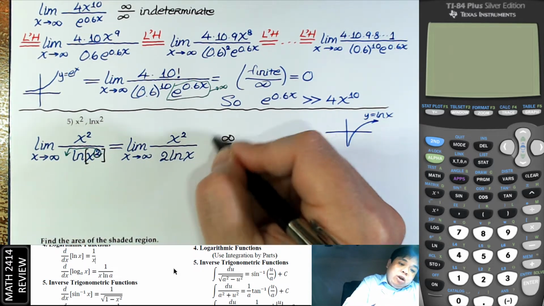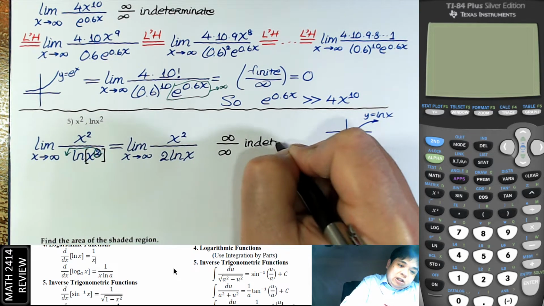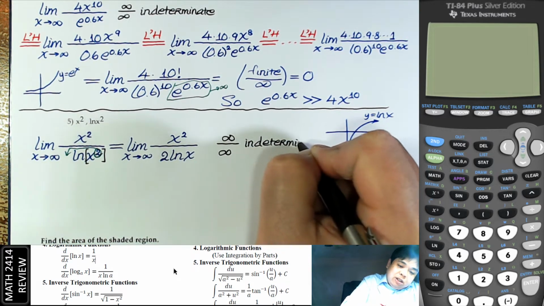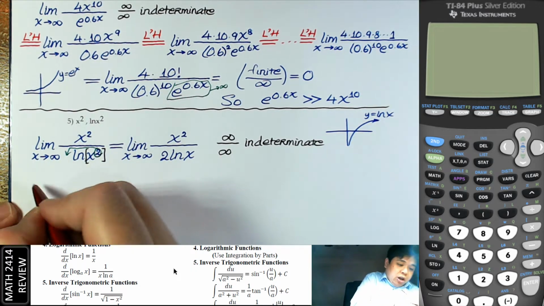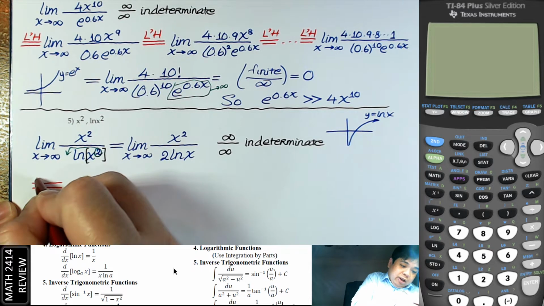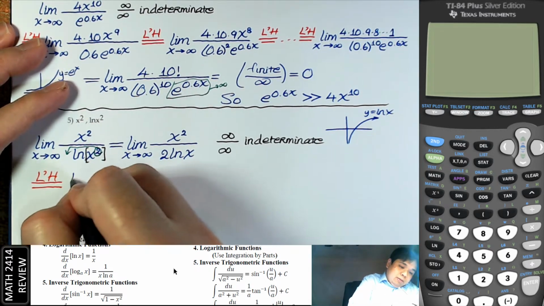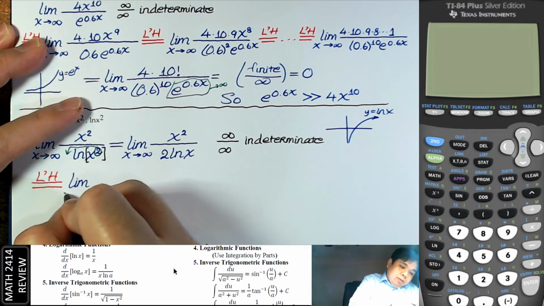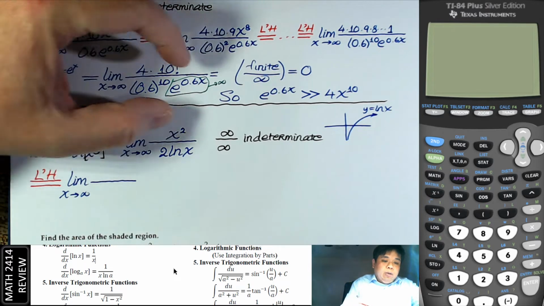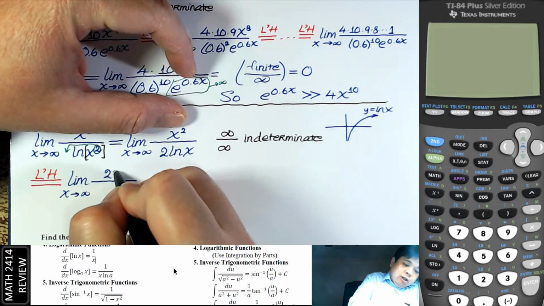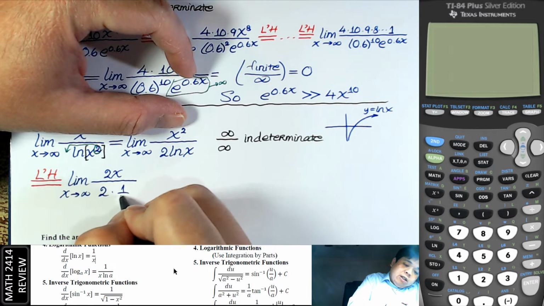So once again, we have infinity over infinity indeterminate. So that means we use the L'Hopital rule, taking derivative of the top divided by derivative of the bottom. Derivative of x squared is 2x. Derivative of ln of x is 1 over x.